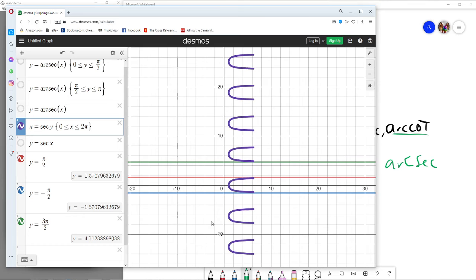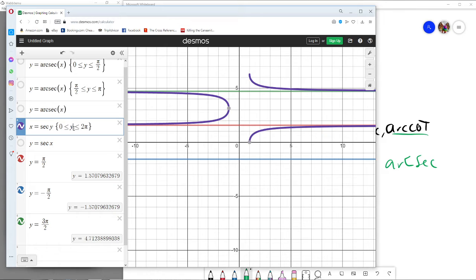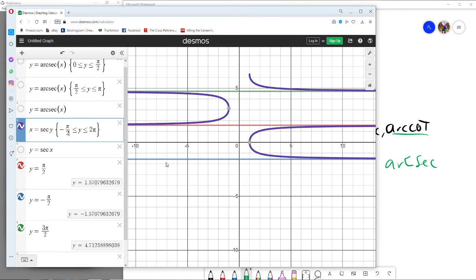Oh wait, no, we want y. Let's change this up a little bit. Zero was insufficient, so we need to go negative pi over 2 to 3 pi over 2. There we go.